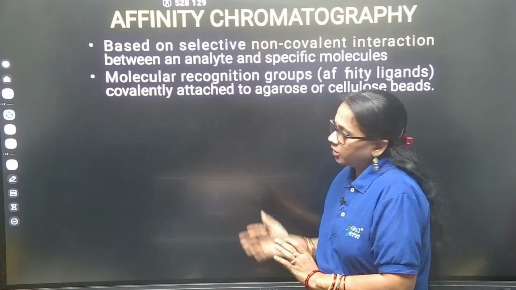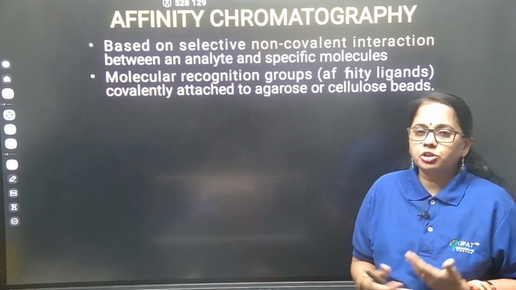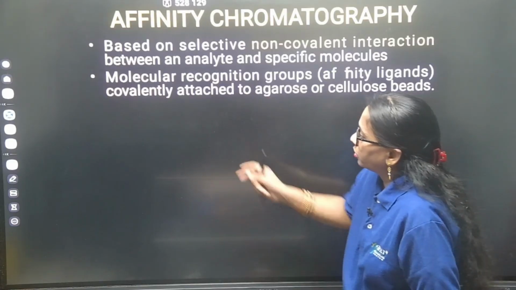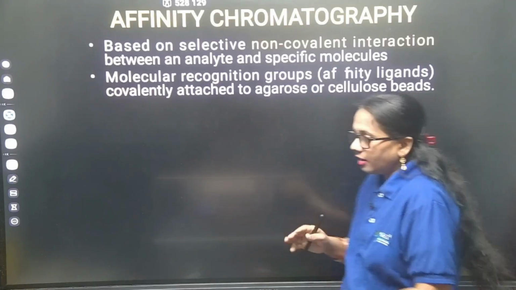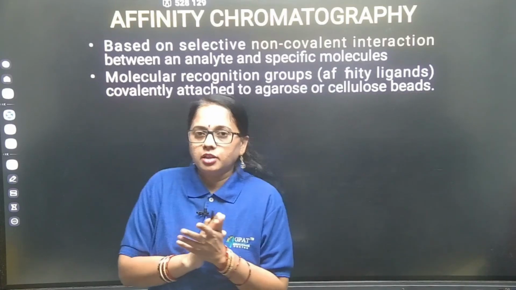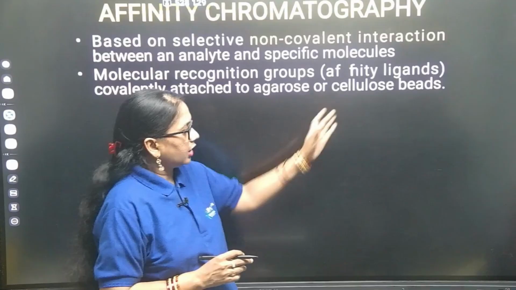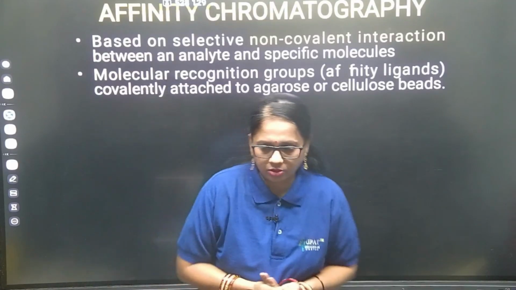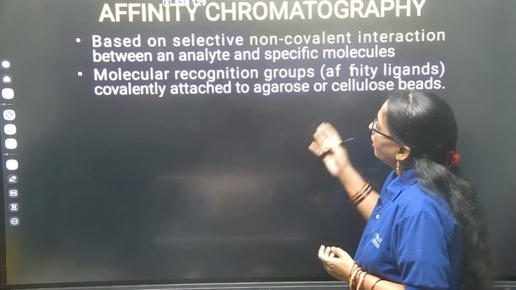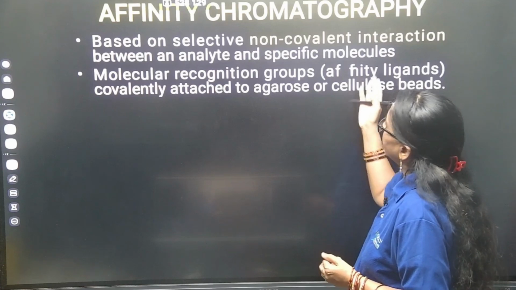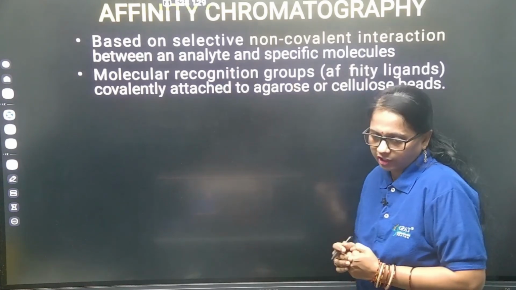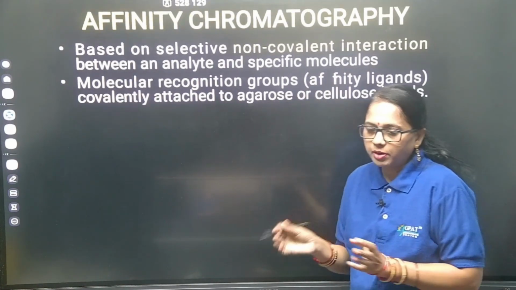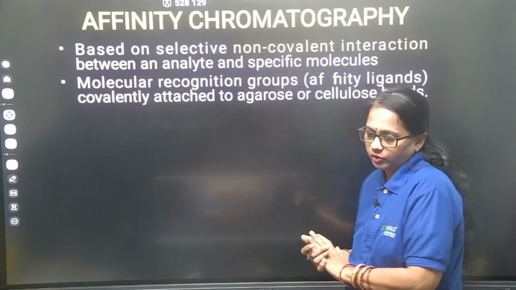The molecular recognition groups are initially covalently attached to basic beads like cellulose beads or agarose beads. These have the affinity ligands, and between these ligands and the analyte we see non-covalent interactions.